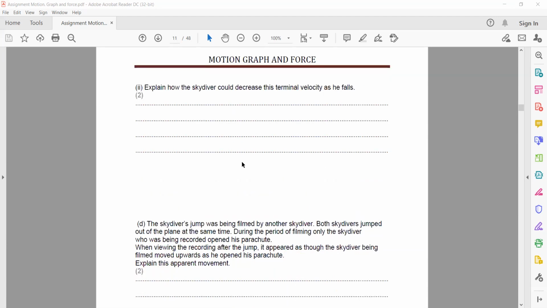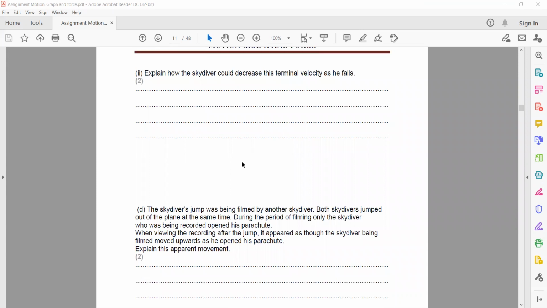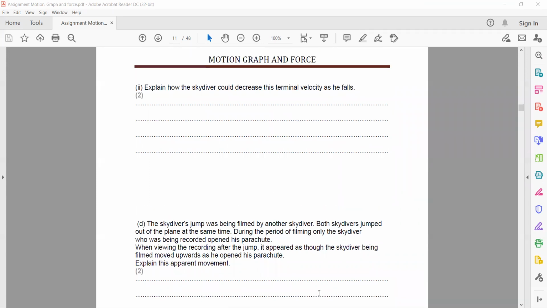Explain how a skydiver would decrease the terminal velocity as he falls. So how does a skydiver decrease the terminal velocity? As a skydiver opens the parachute, or what he can do, he can increase the drag force, because the drag force balances with the weight.